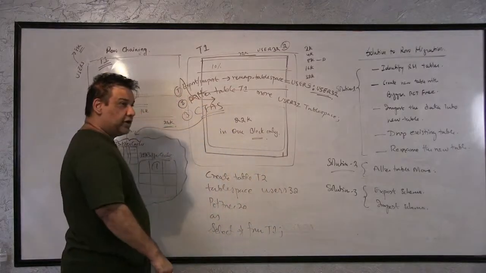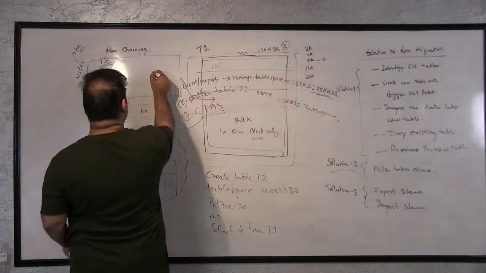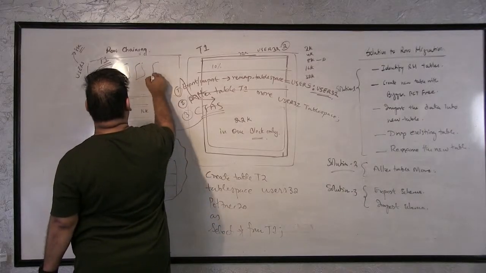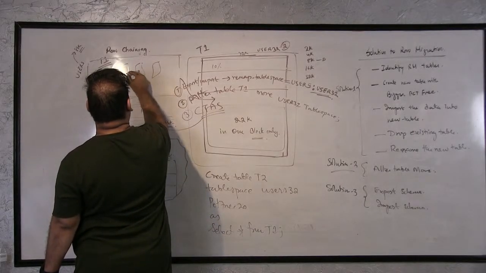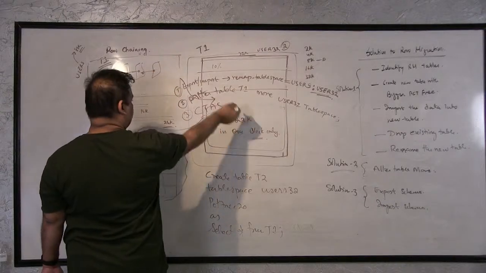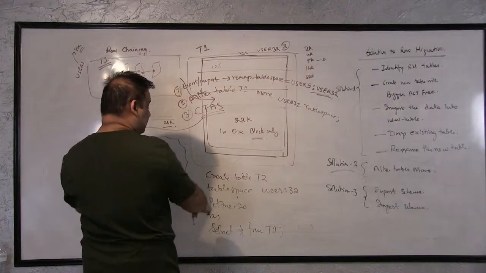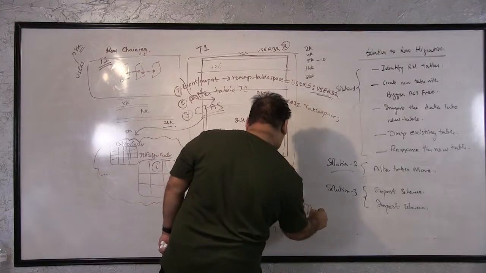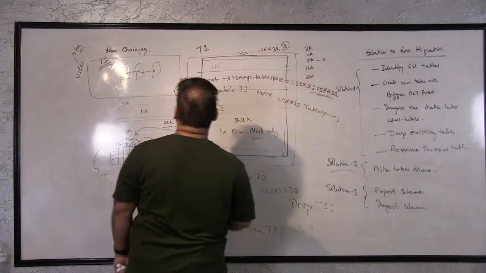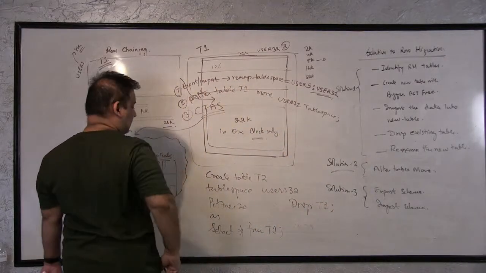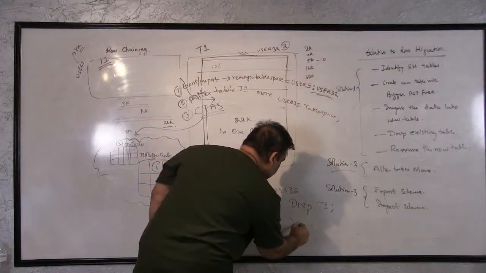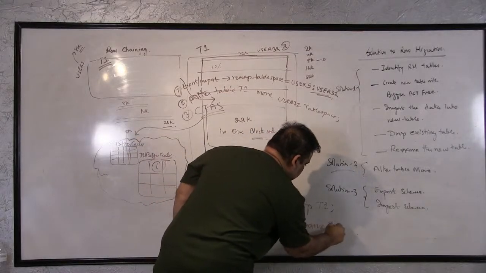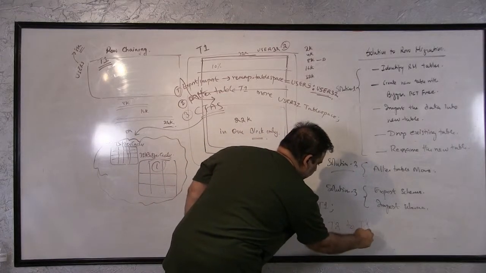The table is created. So a copy of this particular table, which has 3 migrated rows, is copied in here. Once this copy is done, then drop T1. So this table is dropped. Once that is done, then you say rename T2 to T1.